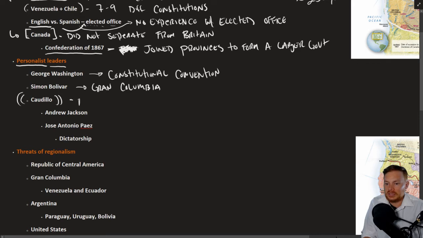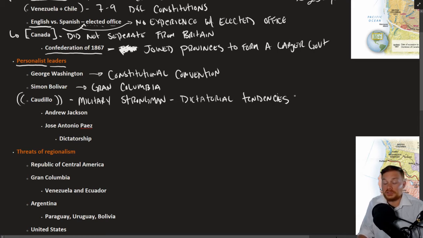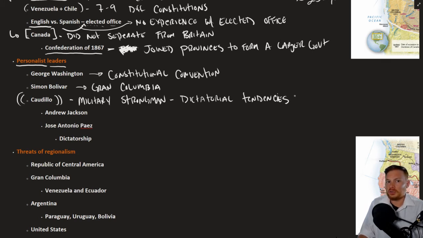So a caudillo is a military strongman who has, maybe we'll say, dictatorial tendencies. That is to say, these are military leaders that people really respect, but they also use their popularity and their position within the army to, in some cases, test the limits of government.